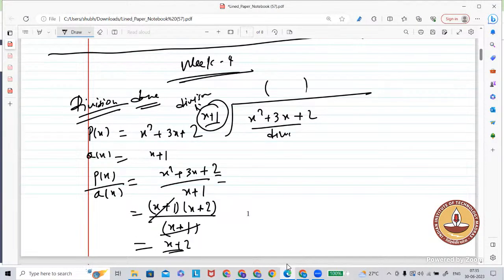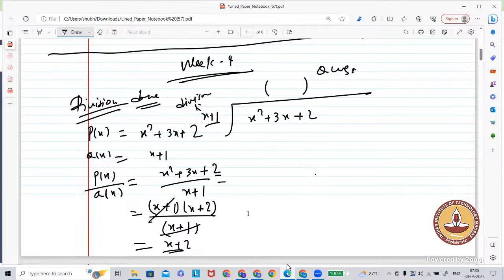And whatever you get here is the quotient. After dividing, in the last if 0 is coming, the remainder is 0, or if any term is coming, that is the remainder. So let's do this division, how we will perform it.